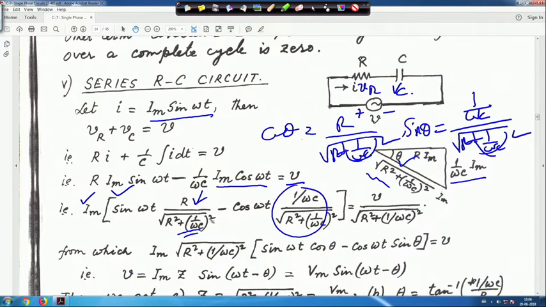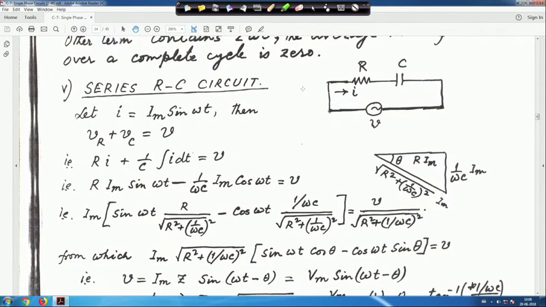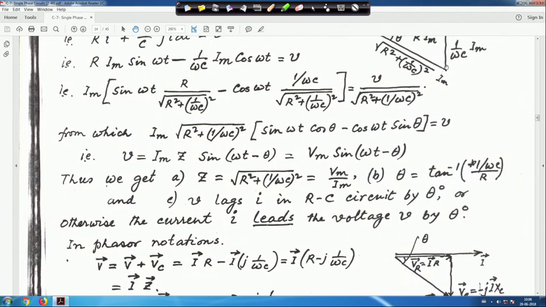Accordingly, here it is cos theta and here it is sin theta, and this is multiplied by Im times the square root of R squared plus (1 over omega C) squared, because this is cross multiplication. If you do so, same as the inductive circuit, here it is 1 upon omega C and a minus sign is there.